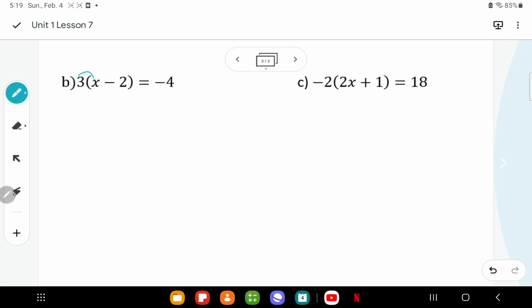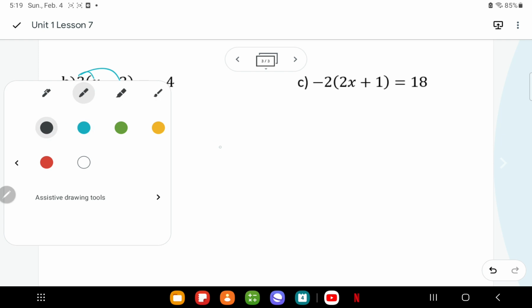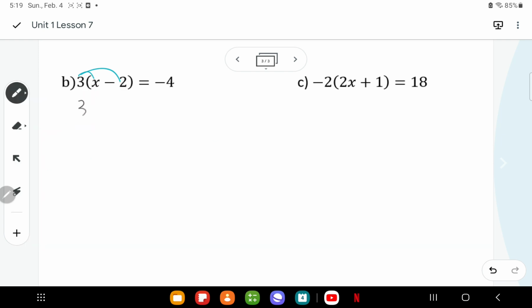I'm going to multiply in first. So my 3 times x is 3x. 3 times -2 is -6. And I still have equals -4. I'm going to go through and do my same steps. So line down the middle, and now I'm just solving a two-step equation. I have to undo plus and minus first, so I've got a -6, opposite operations on both sides.